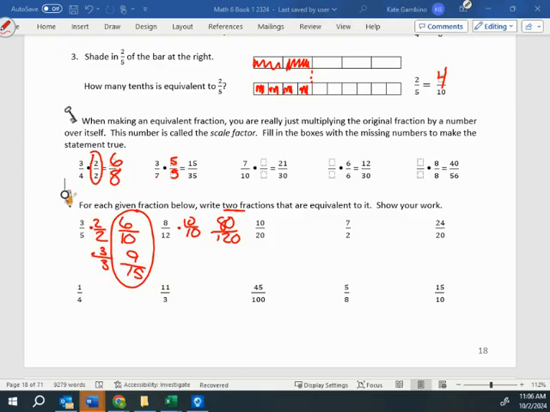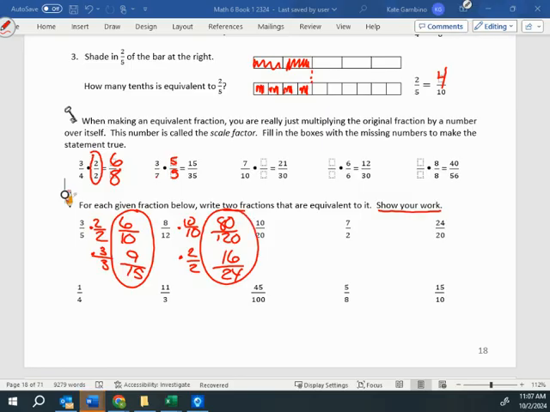You need to show me what scale factor you're using, what you're multiplying by. That is showing our work. You can't just write down the final two equivalent fractions. You have to show me what your scale factors were. What did we multiply by? So here I could also do the 2/2. So I would have 16 and 24.